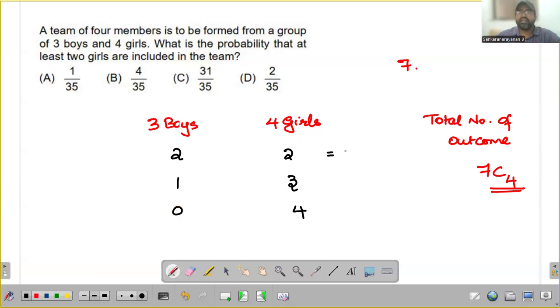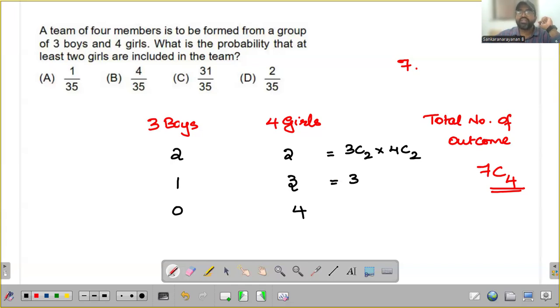Here it will be 3C2 into 4C2. Why? Because from 3 boys, when you are selecting 2, the number of ways is 3C2. From 4 girls, you are selecting 2, it is 4C2. The process is complete only when you select boys and girls. That's why it's multiplication. So 3C2 into 4C2, that's for the first case.